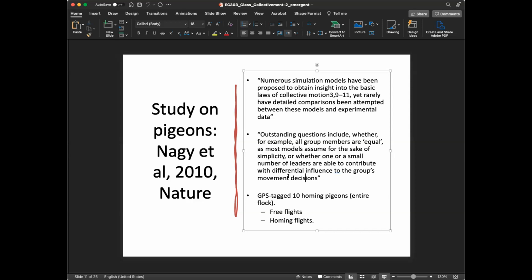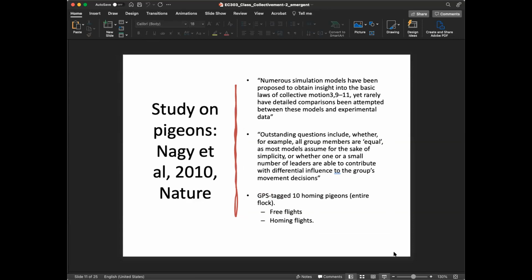To address this question, what they did was take a group of homing pigeons. They GPS tagged the entire flock, which shuttles between two chosen sites.